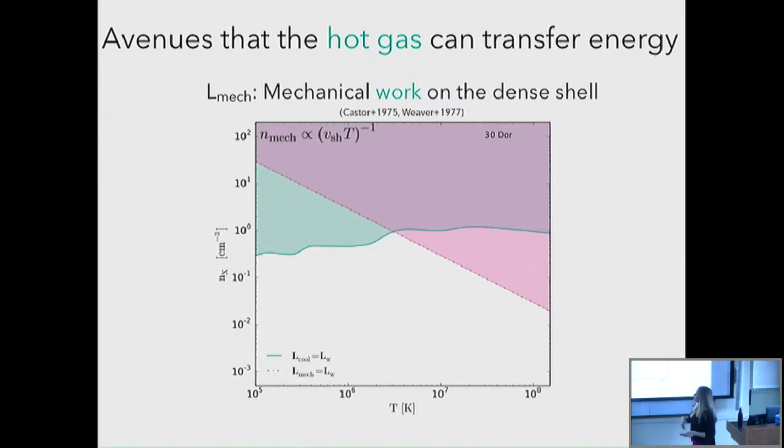So first we took into account cooling, which at high temperatures is really ineffective, but then we also took into account mechanical work on the shell. So how the hot gas is pushing on the shell. And you see that at low temperatures it's unimportant, but at high temperatures it becomes more efficient at transferring the energy than radiation.